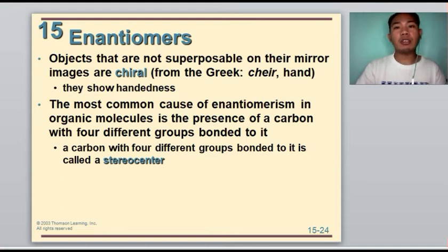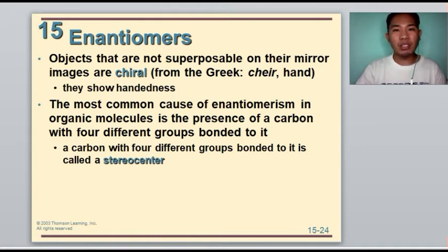We encounter chirality in 3-dimensional objects of all sorts. Our left hand is chiral, and so is our right hand. Thus, our hands have an enantiomeric relationship. A spiral binding on a notebook is chiral.